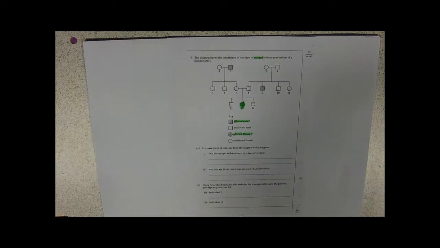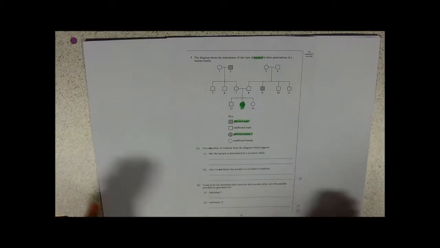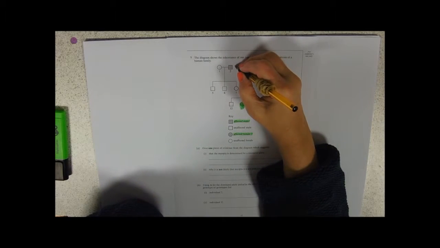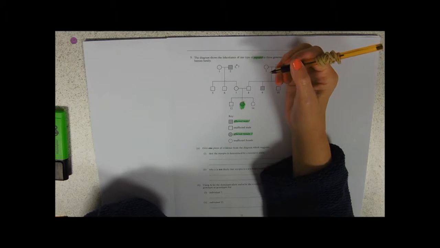If it was sex-linked, an affected female would have to have an affected father, if it was recessive. Well, we don't know whether it's recessive or not, but if it was dominant and sex-linked, then this chap would be, let's call it capital M. He would be that, wouldn't he?